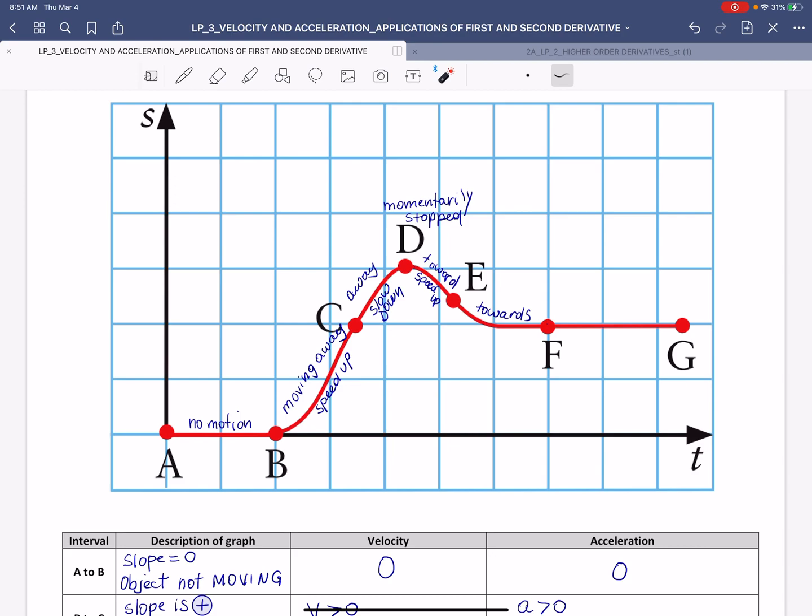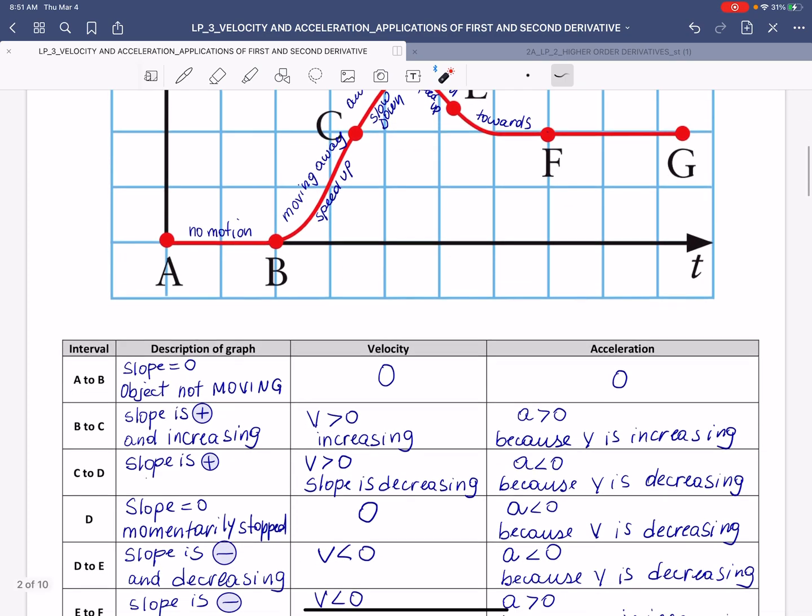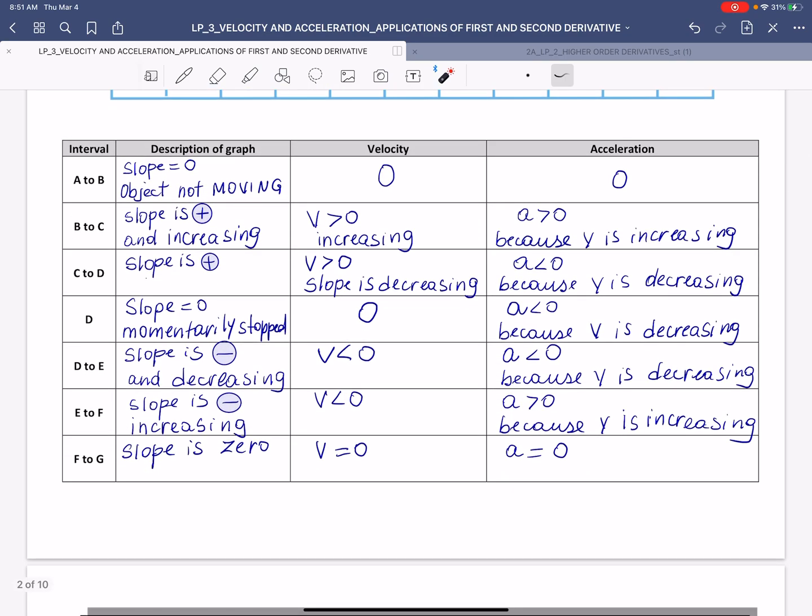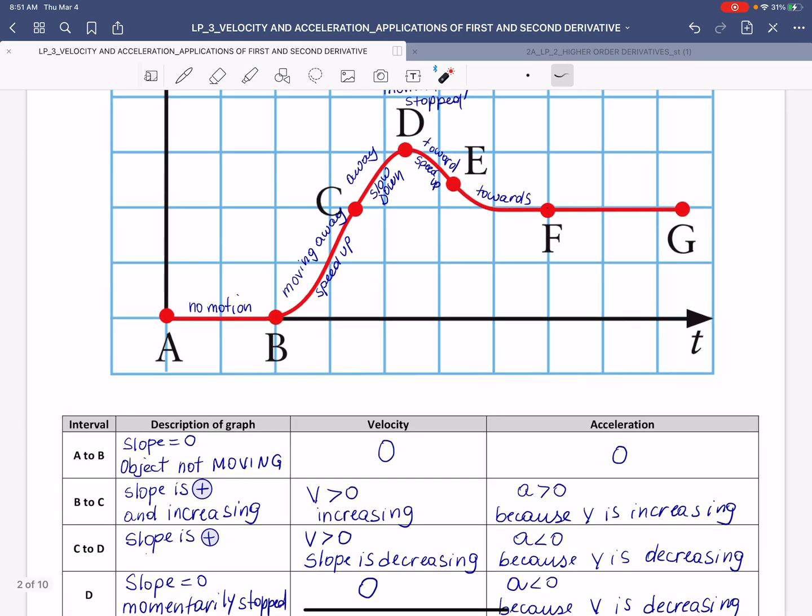The position is still measured by positive numbers, but velocity is negative. In the meantime, we'll say that the velocity went from very negative to less negative. So we said that in this case, from point E to F, the acceleration is positive, all right? But you can tell that the position is not changing as fast, so it is slowing down.